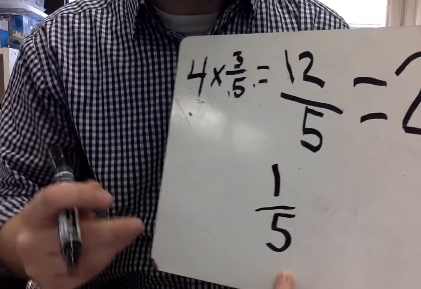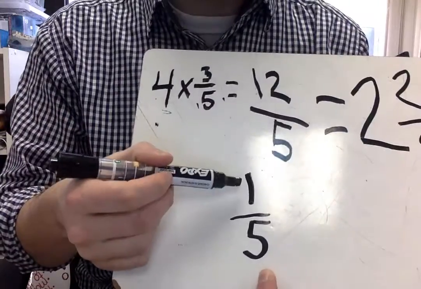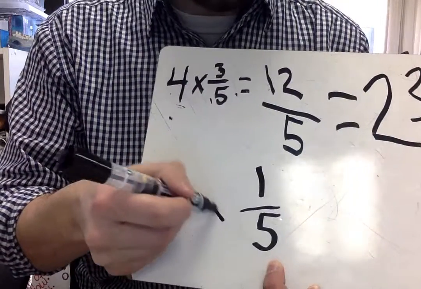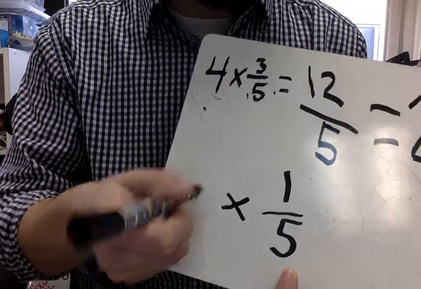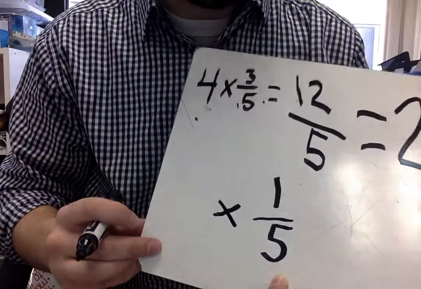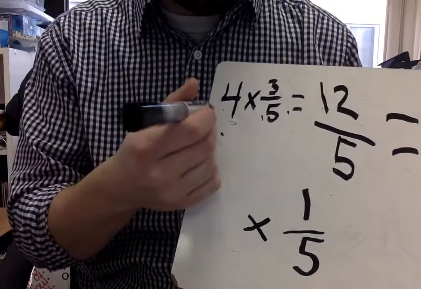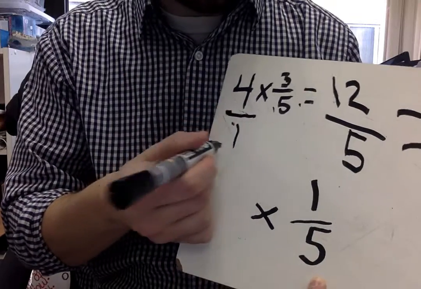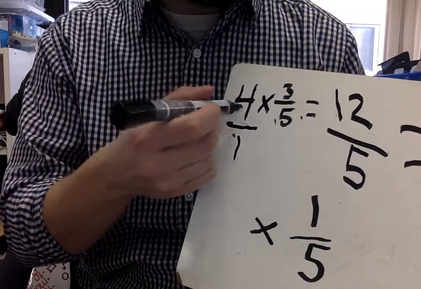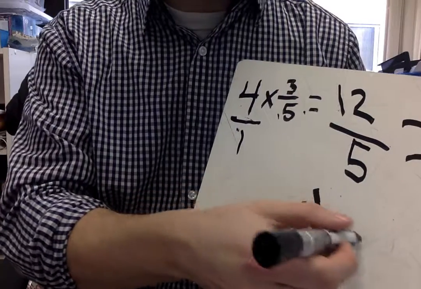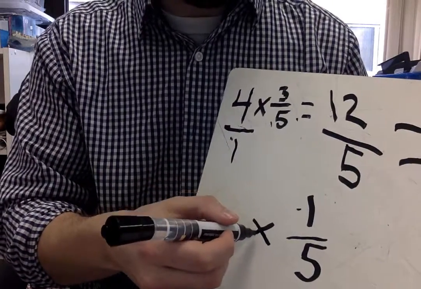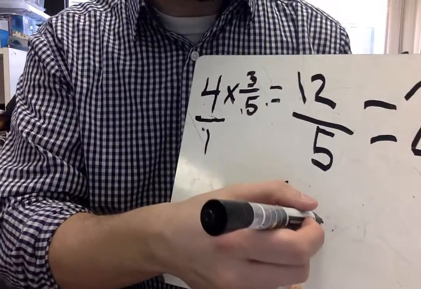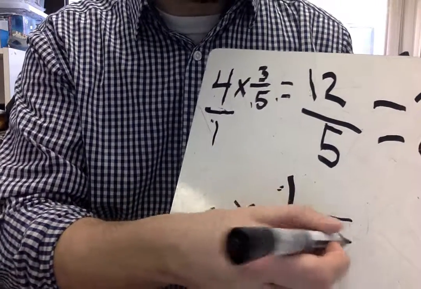Now we have to ask ourselves, 1/5 times what will make 12/5? We know that our whole number has a 1 underneath it, which means the top number needs to be multiplied by the numerator to get our answer. So what multiplied by 1 will equal 12/5?